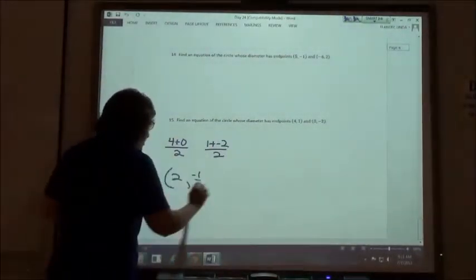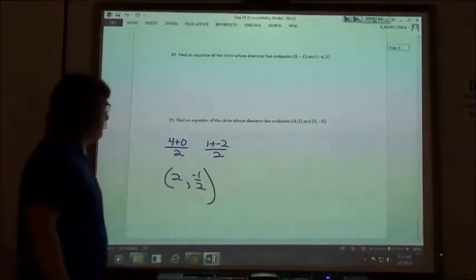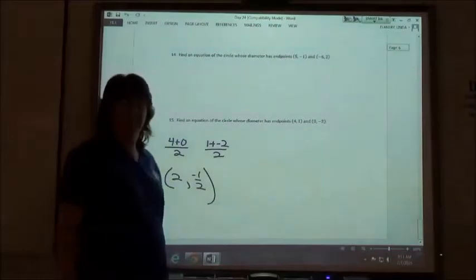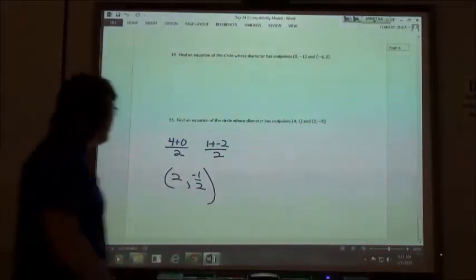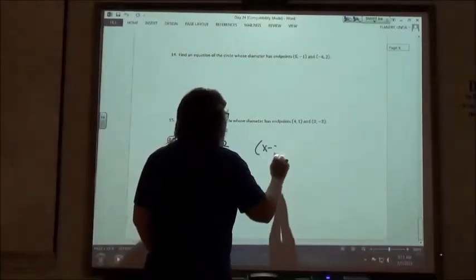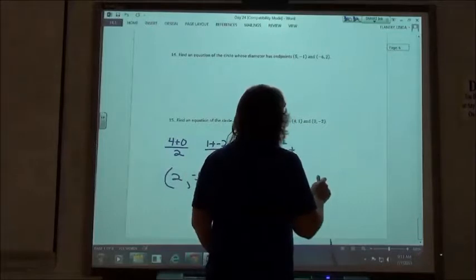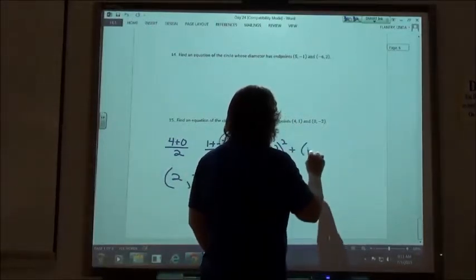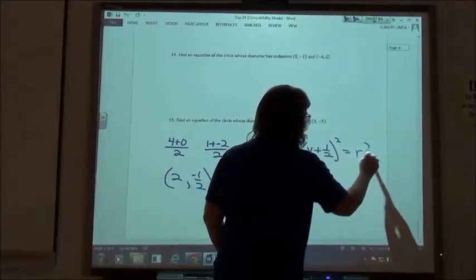So my equation's going to start out with (x - 2)² + (y + 1/2)² = my r².